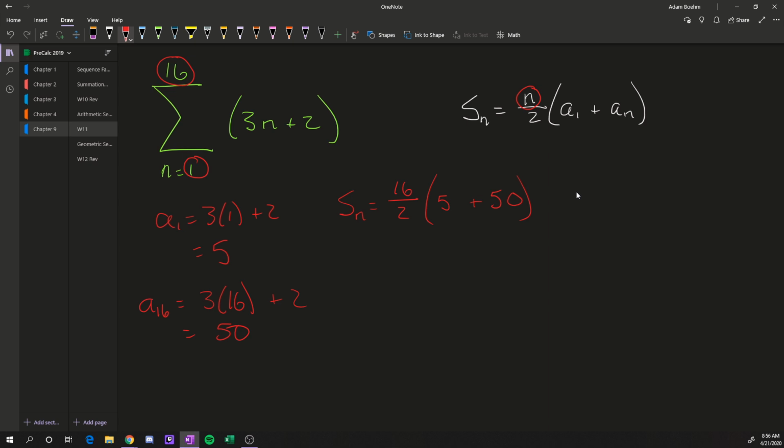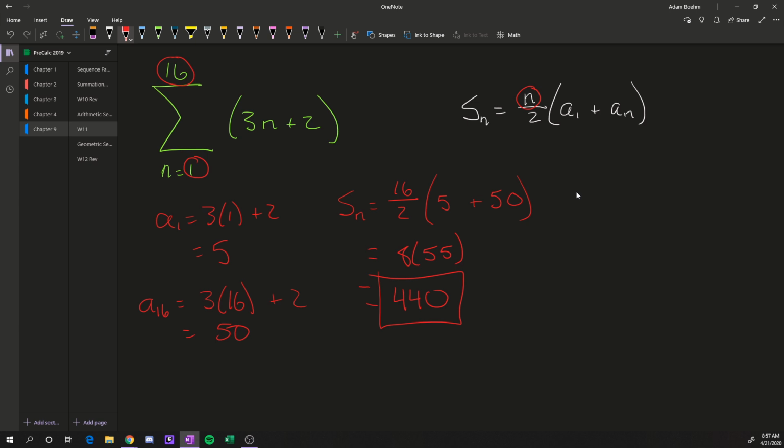And then we can plug that into a calculator and get an answer. Okay, so that equation, that's the sum of the finite arithmetic sequence.